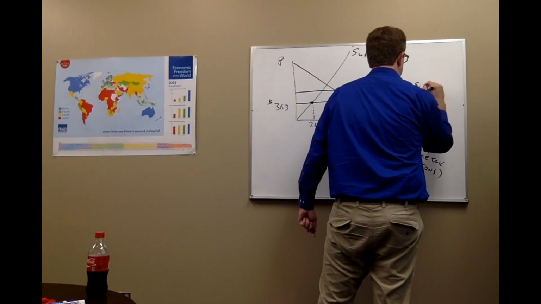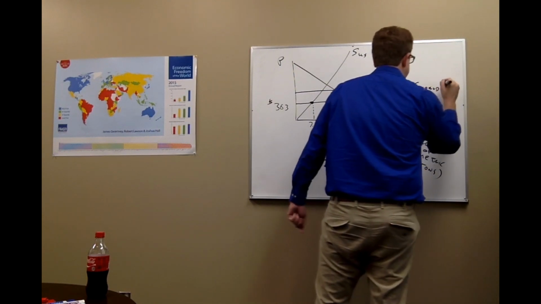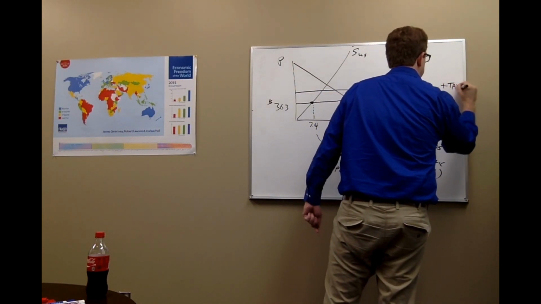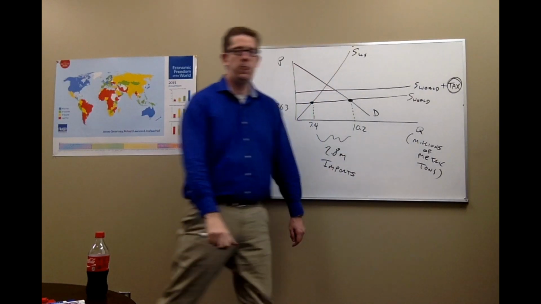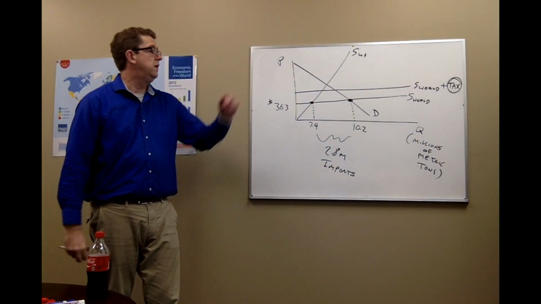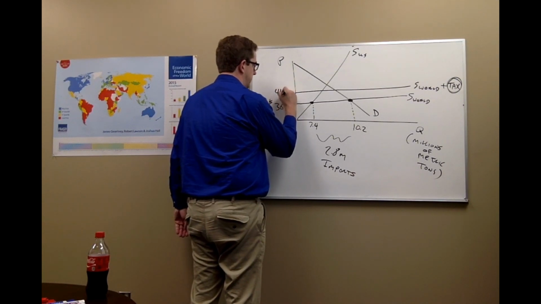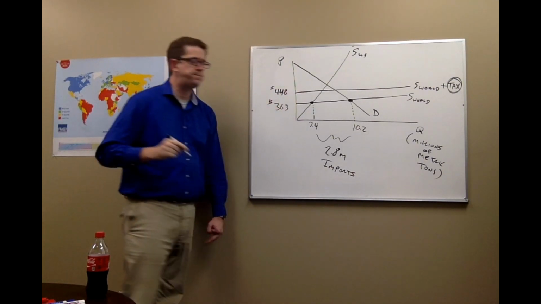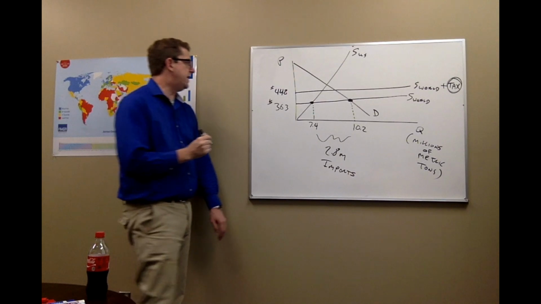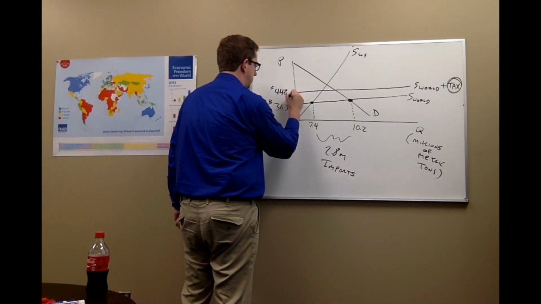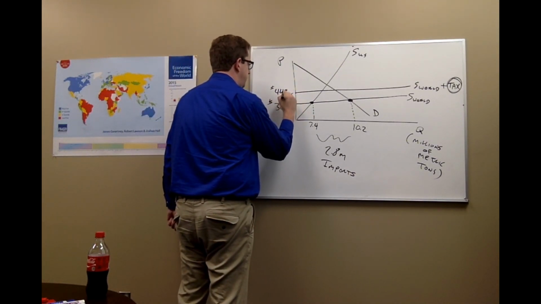In short, a tax that foreign producers have to pay at the border. And let's suppose that tariff, that tax, is $85 per metric ton.